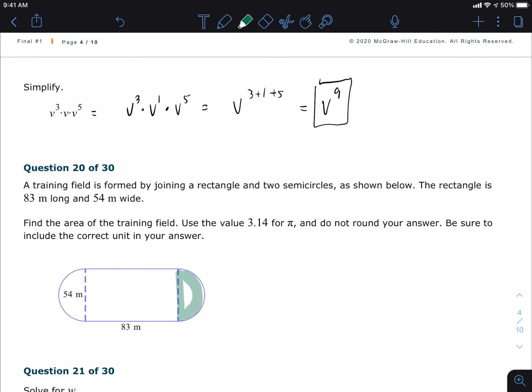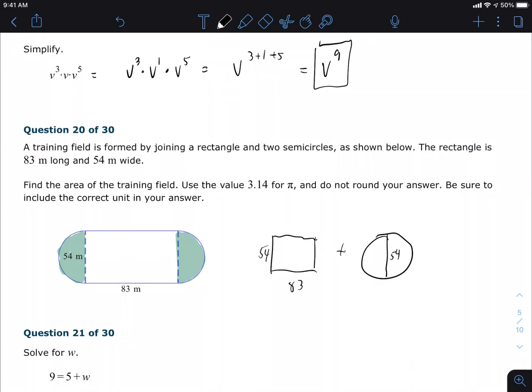I'm just going to show you the way that I attack this problem. That's a half circle. That's a half circle. And then the middle is just a rectangle. So the middle is going to be 54 times 83 plus some circle, right? But the circle has a diameter of 54. Does that make sense how I'm doing this?